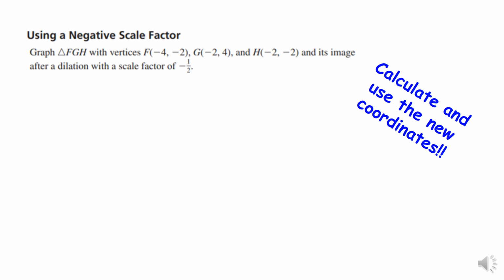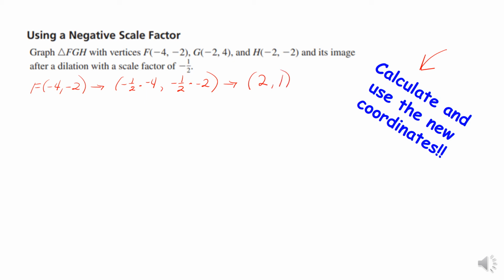Okay, so this time we're going to use the negative scale factor ourselves, and they want us to graph the image and the pre-image. But rather than do the graphing first, I'm going to calculate and use my new coordinates. I'm going to write down my first coordinate. Then I use the scale factor: negative 1/2 times negative 4, comma, negative 1/2 times negative 2, and that's going to give me the point positive 2 and positive 1.